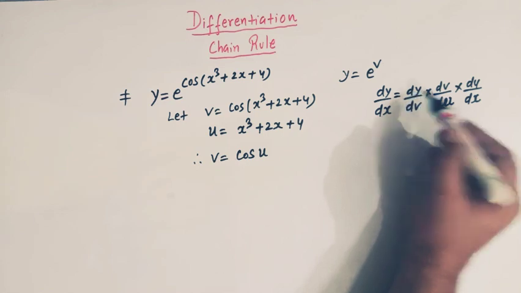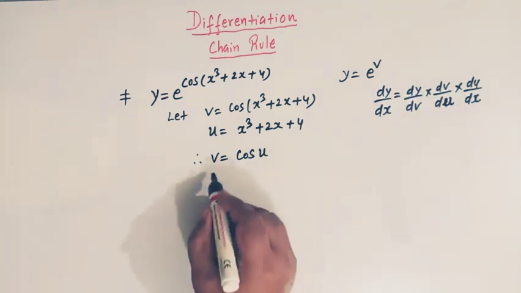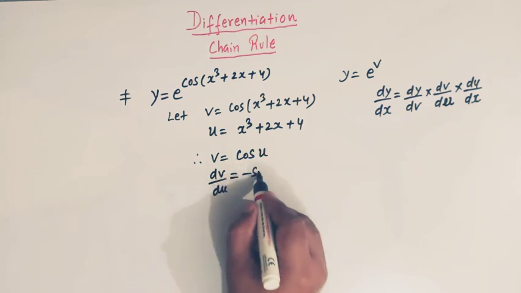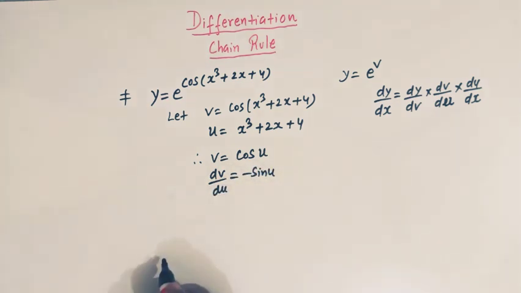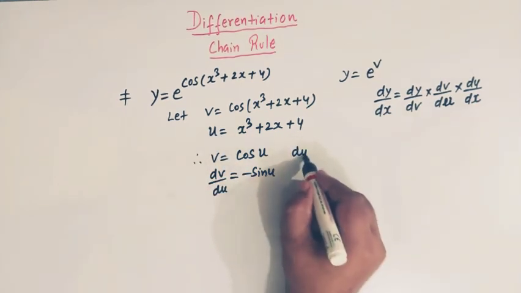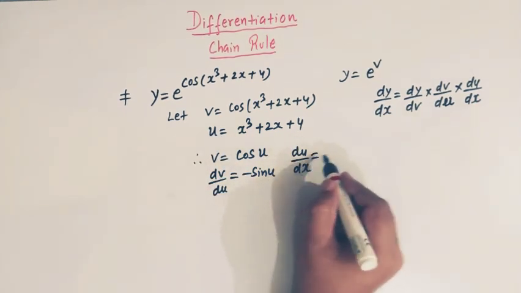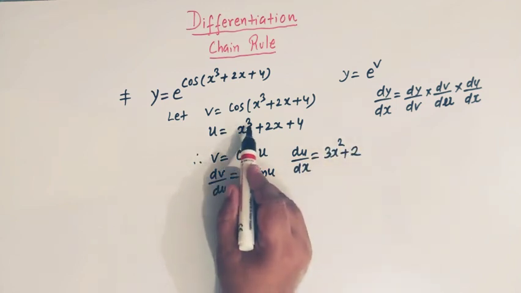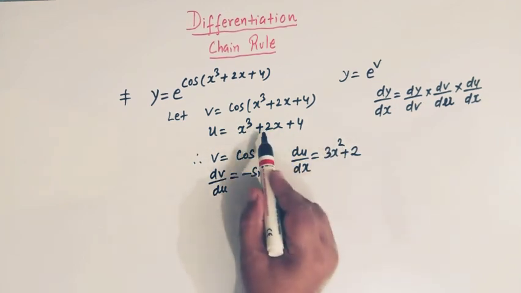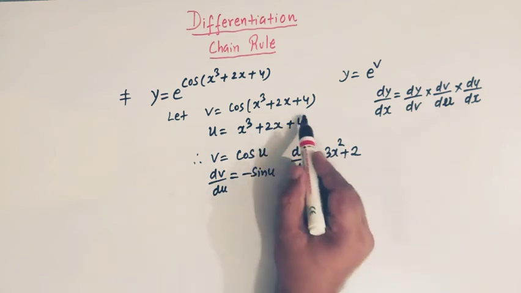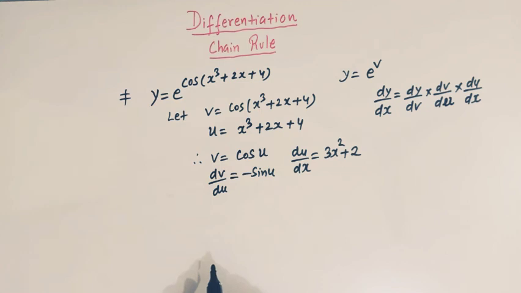Okay, so now dv over du is minus of sine u, and du over dx is 3x square plus 2. The derivative of x cube is 3x square, and the derivative of 2x is 2, and the derivative of 4 is 0, right?